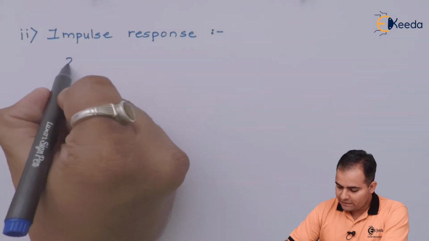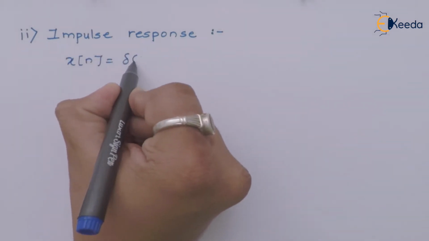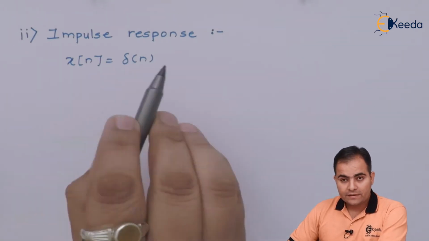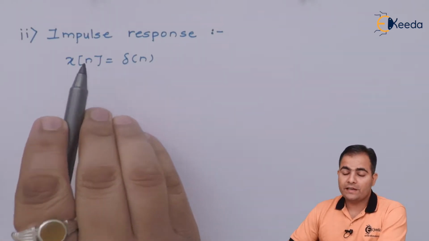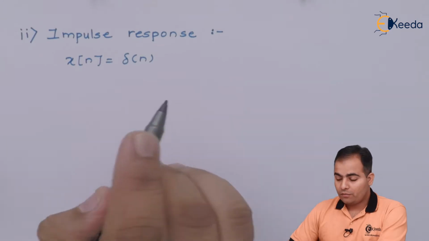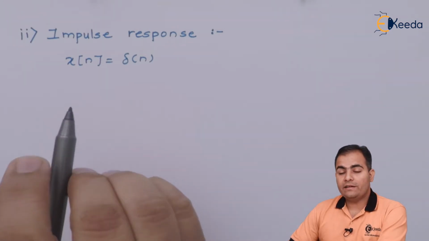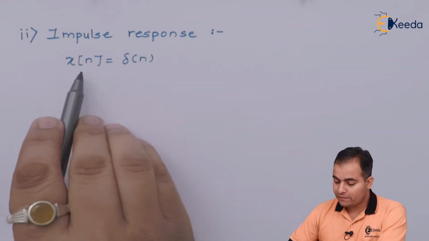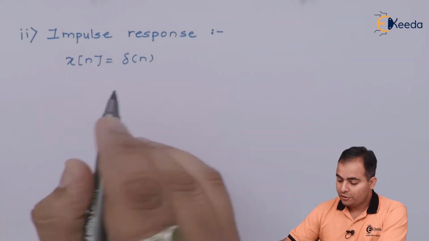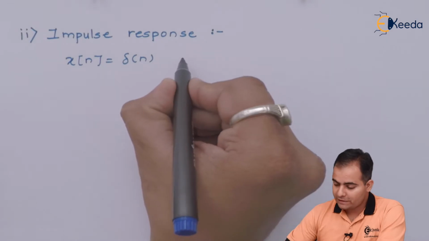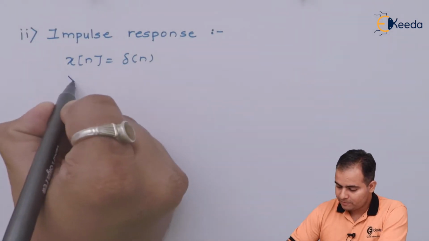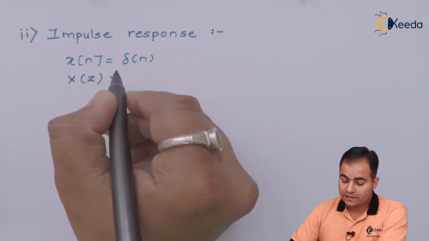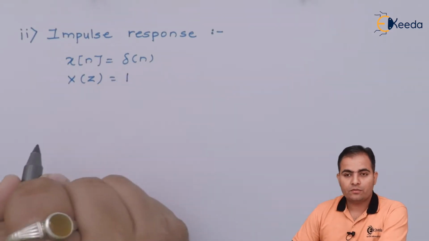So if I consider my x of n as delta of n, then after substituting the Z transform of x of n in my equation number 1, whatever outcome you get after applying the inverse Z transform is nothing but the impulse response of the system. So first of all, I will apply Z transform on this. The Z transform of x of n is represented by X of z, but the Z transform of delta of n is delta of z, and we know the value, it is 1.